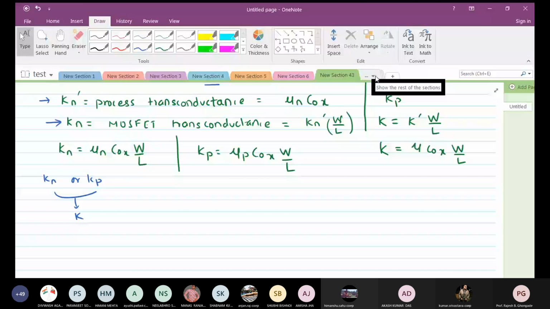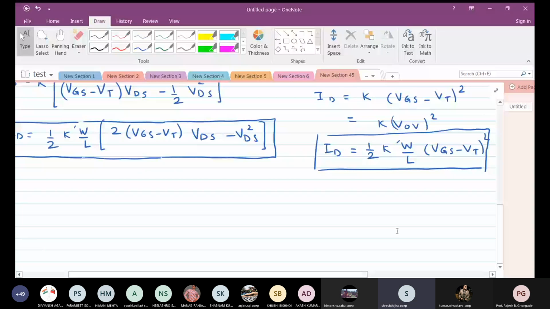All right, but before we go in for the next part, let us have a look at the actual characteristics using Multisim. Okay, just hold on while I switch over to Multisim. Sir, can you show that drain current slide? All right, one second. Oh, here it is.